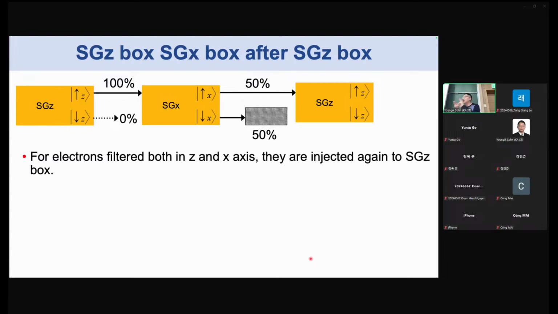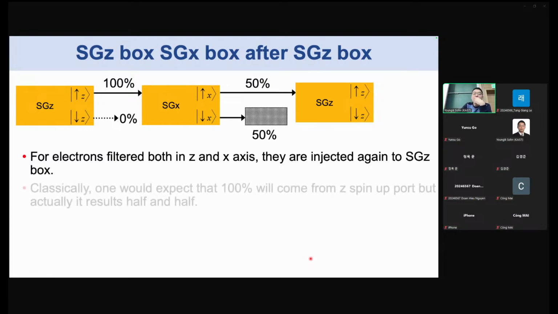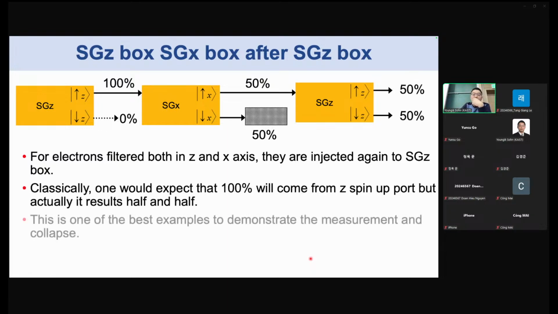So it's kind of a joint of these two conditions. So this electron must be Z up and X up at the same time. That's classical thinking. And then your classical thinking will tell you that if my thinking is correct, and I put the Z box again, it's like a filter, I'll only have Z up. That's what you think. It turns out that you get half and half again.